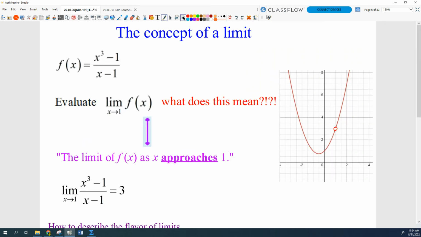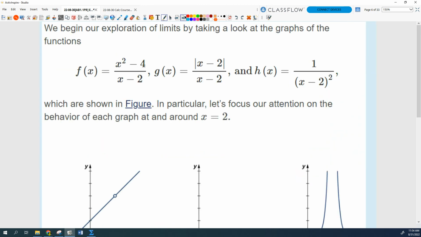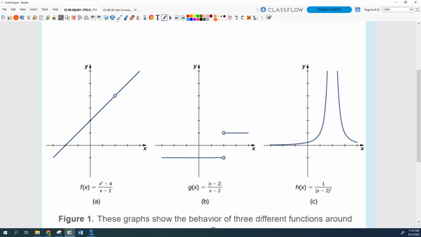How do we know from the graph? Let's go to this example. As x approaches 2, what's the limit of the function? 4. Everybody see that? Because we're approaching this point right here. Even though this point is not part of the function, we're approaching the point with coordinates 2, 4, right?